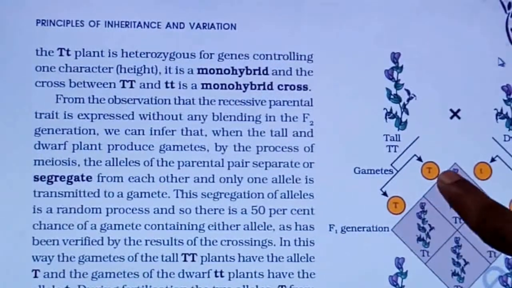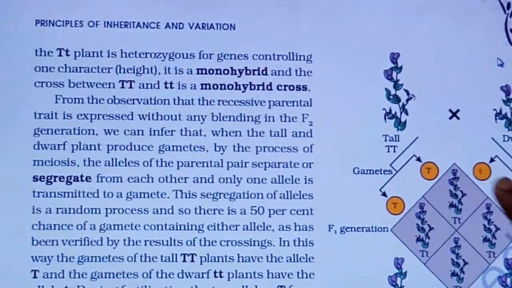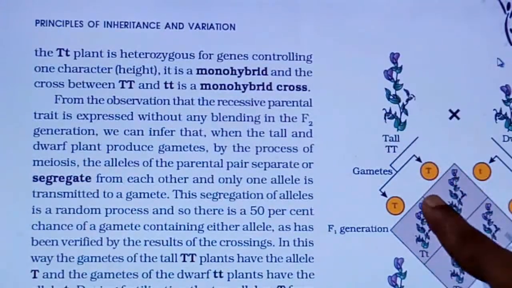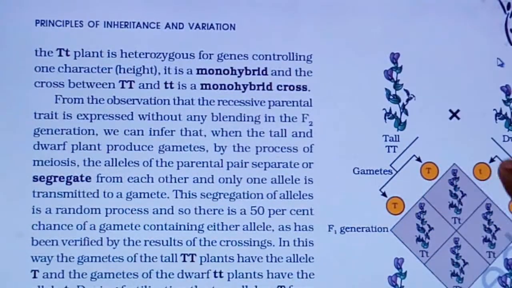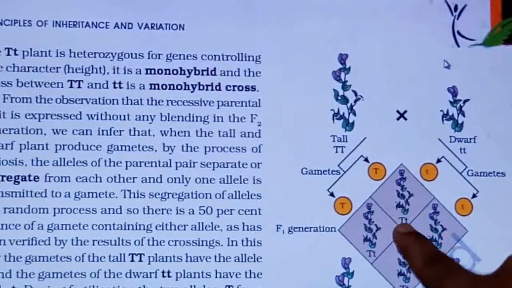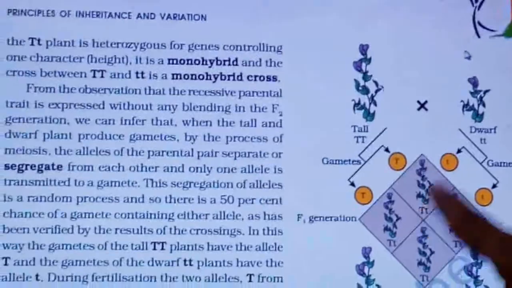So here also small t gets segregated into two different gametes. So this is what segregation is. And for the F1 generation, one gamete from one parent and another gamete from the other parent come together to form the F1 generation individual, that is capital T and small t.